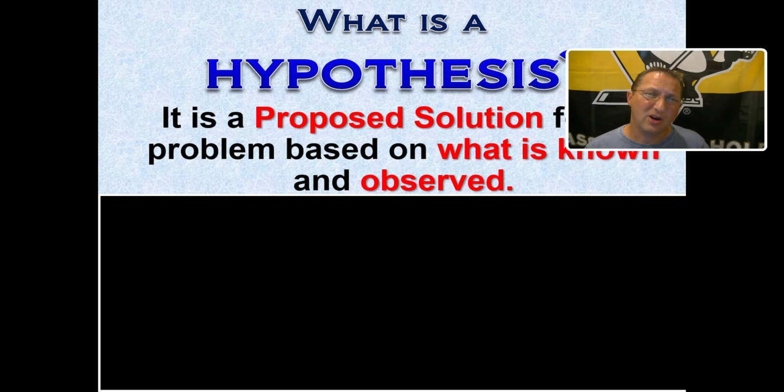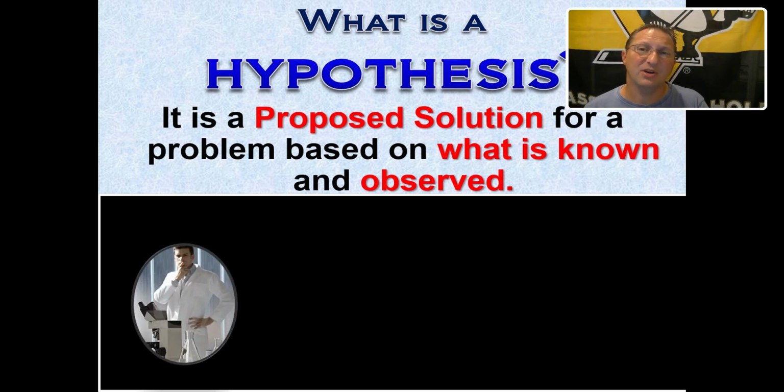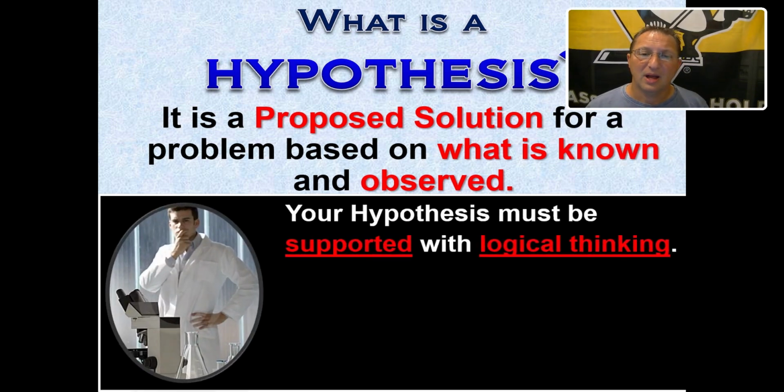Now, when we write our hypothesis, we want to write it in a very specific way. A hypothesis has to be supported with logical thinking. That means we have to support our hypothesis with our background information. We can't just randomly come up with an idea. You could, but that's not a hypothesis, that's a guess.